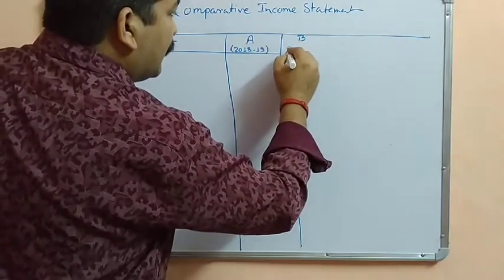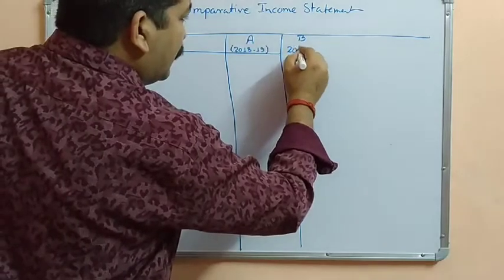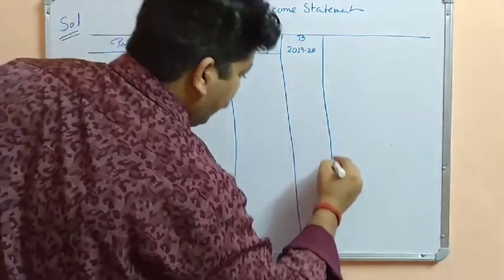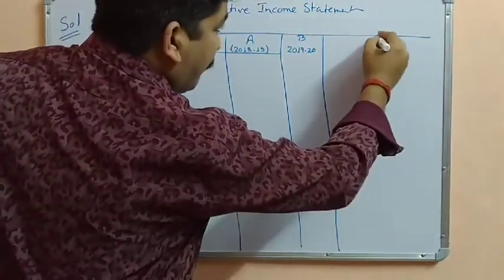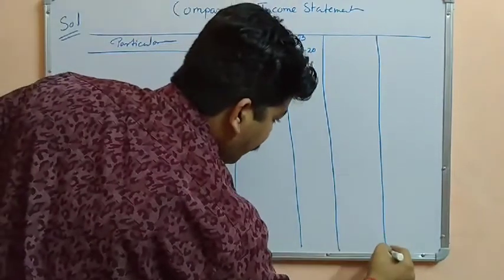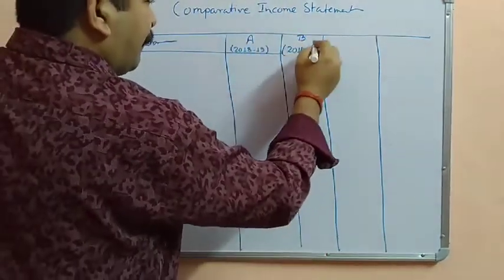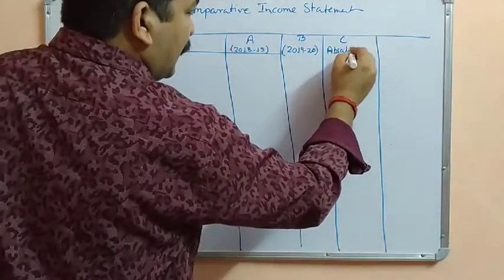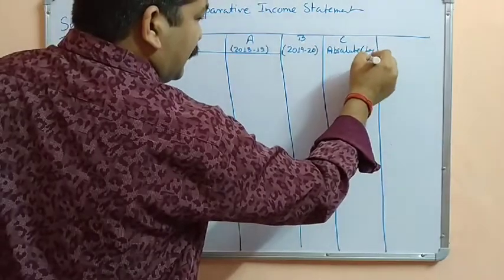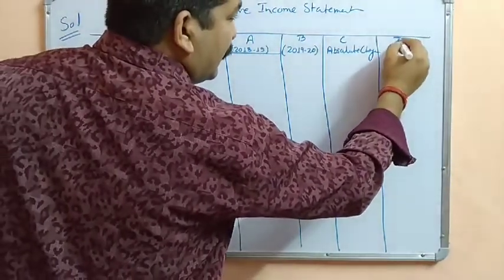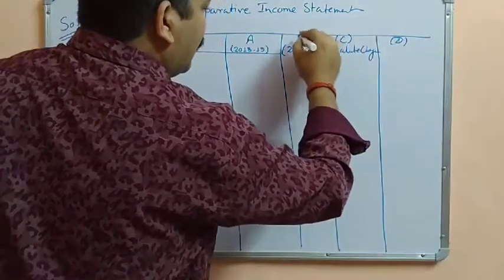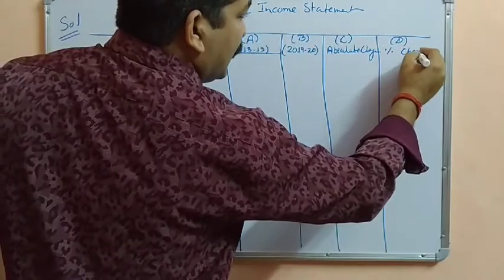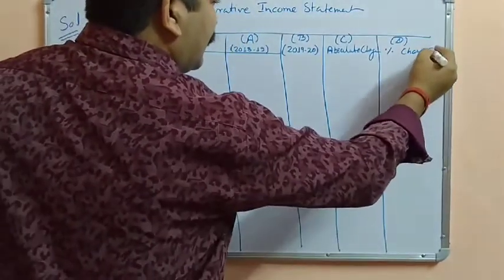Column B, that is for the year 2019 and 20. C, absolute change, and D, percentage change. Okay.